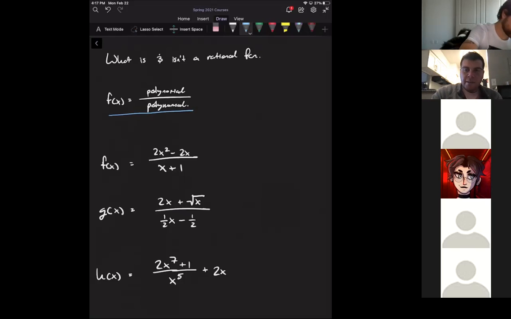Let's do the thumbs up reaction for yes and the clapping reaction for no. All right, so there's some disagreement. To anyone who doesn't think this is a rational function, give me a reason why you think it's not.